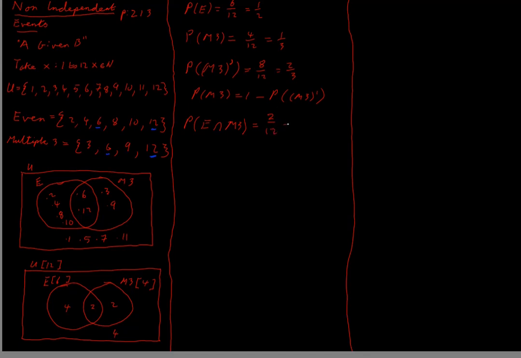So we'd have 2 out of 12, which would be probability of a sixth. And let's do union as well. And we know that union in English would be 'or'. So this is 'and', this is 'or'. So union would be everything in here. So it would be 4 plus 2 plus 2 would be 8 out of 12 would be, sorry, what am I saying?